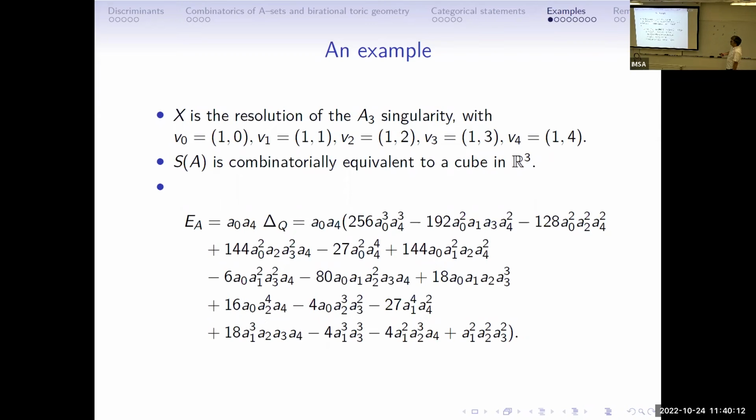There is some addition here, A0, A4. I'm not going to go over that. But it is relevant in the story. Basically, it has to do with the fact that when you write down EA, you always have to look at boundary faces. In this case, these are the 2 points, or the boundaries of the cone. So that corresponds to this A0, A4.